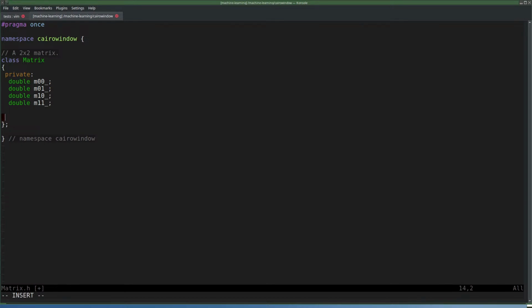And I construct that in the same way, matrix double M00, comma double M01. What am I doing? Double M10, comma double M11. And the rest.